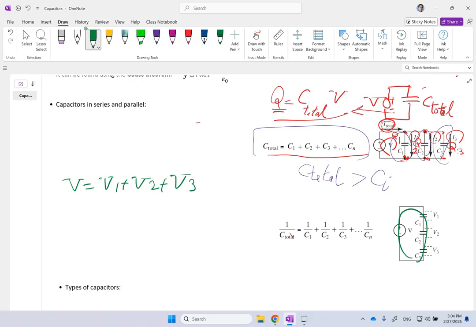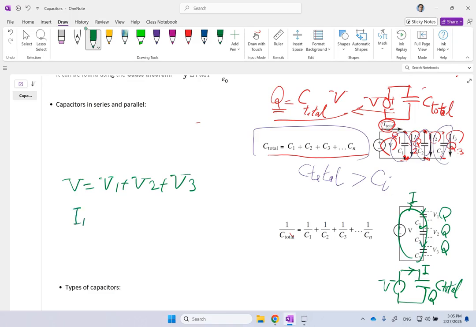If I say those are all equivalent to a single C total, then the charge that goes on this should be the same as all these individual ones. Why? Because that charge is coming from electric current I, and here this I is the one that goes through each and every one of them because they are in series.